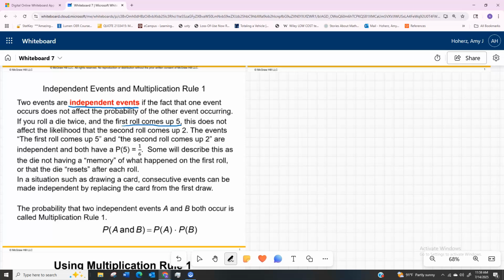Whatever I roll on the first die is not going to affect the probability of getting any other number on the second roll.